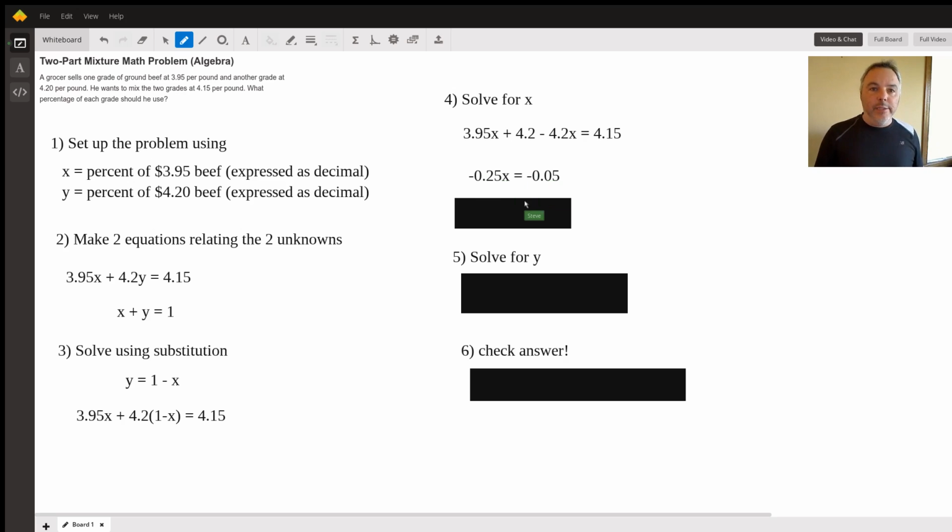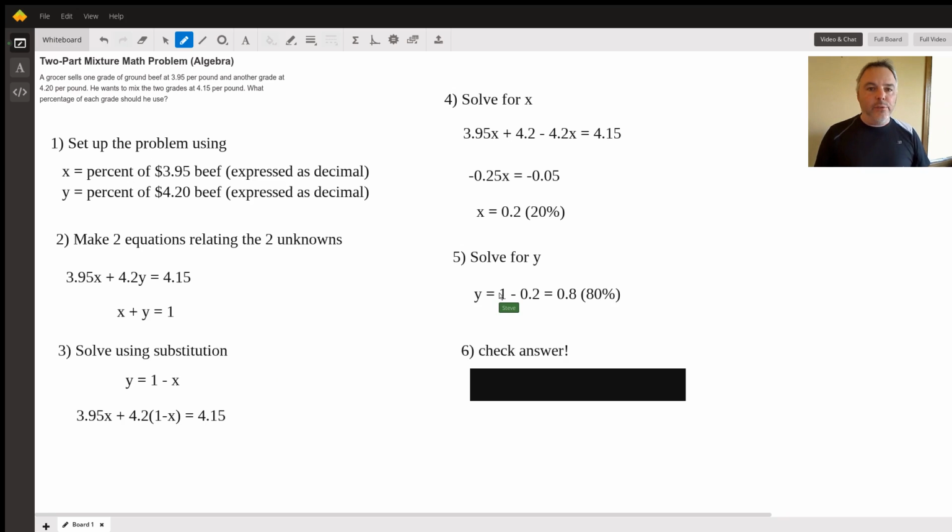So here is my equation, and just use your calculator to solve that. It's going to be x equals 0.2. Again, remember, this is expressed as a decimal, so to convert that into a percentage, that would be 20%. Now, with this value of x, we can go right into this equation and substitute and solve directly for y.